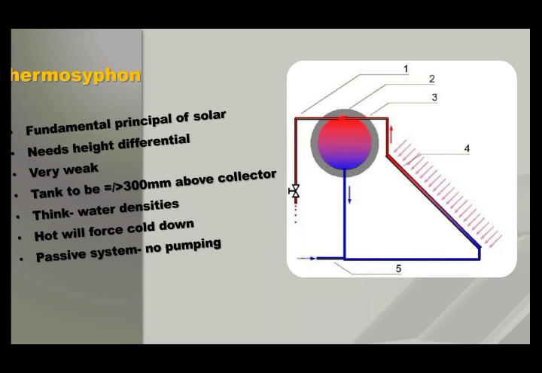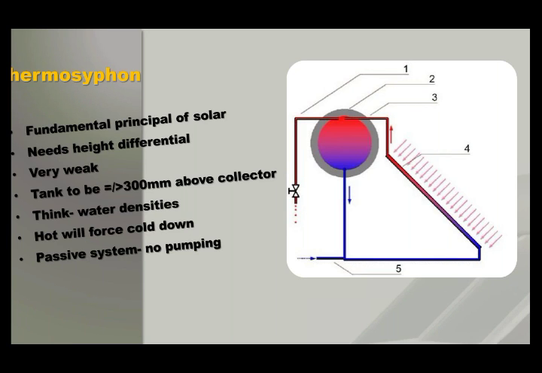It is a very weak force, so it can't overcome heavy restrictions. It can't overcome spring-loaded non-return valves and that sort of thing. So it's a very weak force that does need to be allowed. If we want it to occur, let me stress that, if it's in a thermosiphon system that we want it to occur, you've got to allow it to occur, and you've got to take away all the restrictions possible.